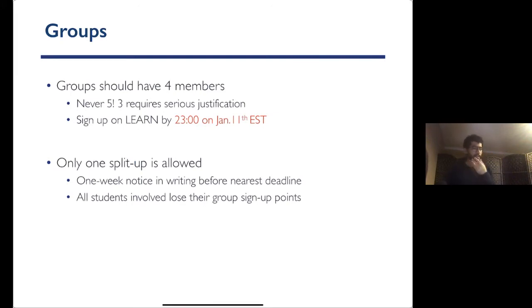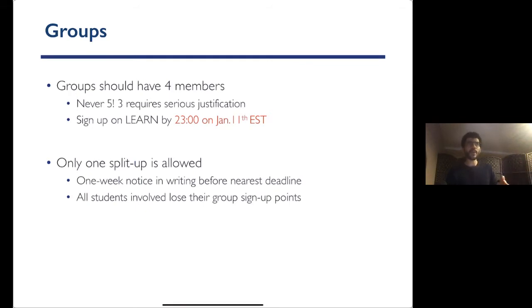It's on Learn, you can just self-enroll in the groups. You are allowed to do 1 split up only. If that happens, there are details on how this will happen in the lab manual, so I leave that to you to go and read. Let's say you decide in the middle of lab 1 to split, you can't.